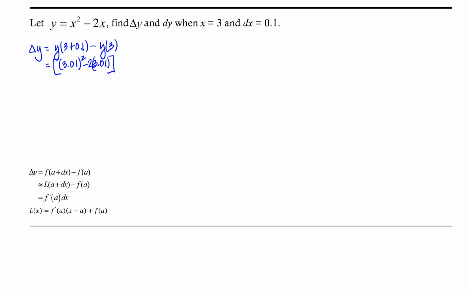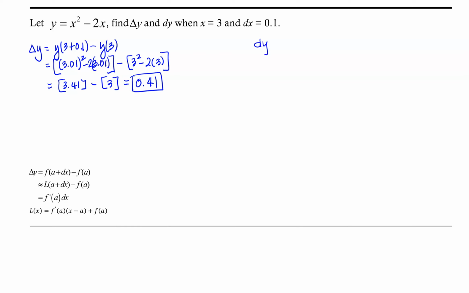So that is our y at 3 plus 0.1, minus 3 squared minus 2 times 3. That's our y at 3. And so if we multiply things out, we get that this is 3.41 minus 3, which gives us 0.41. So our delta y is 41/100ths. And in this particular example, that wasn't terribly difficult to compute.